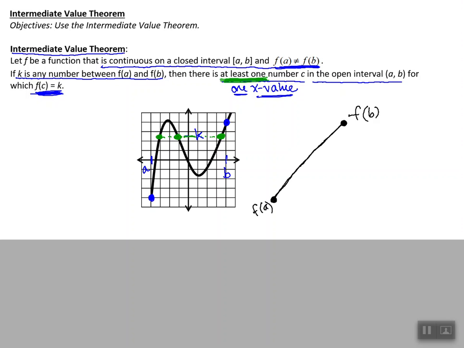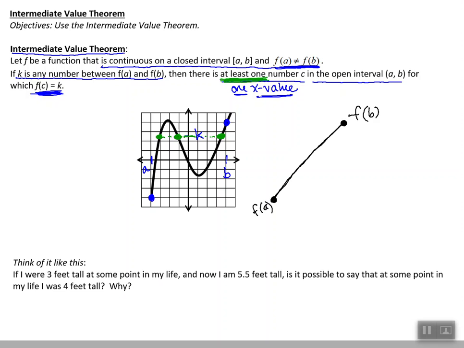If we think about it in terms of a real-life scenario, think about your growth. If I were 3 feet tall at some point in my life, and now I am 5.5 feet tall, is it possible to say that at some point in my life I was 4 feet tall? Well, yes, of course. My growth is continuous. I can't go from 3 feet to 5.5 feet and jump over being 4 feet tall.